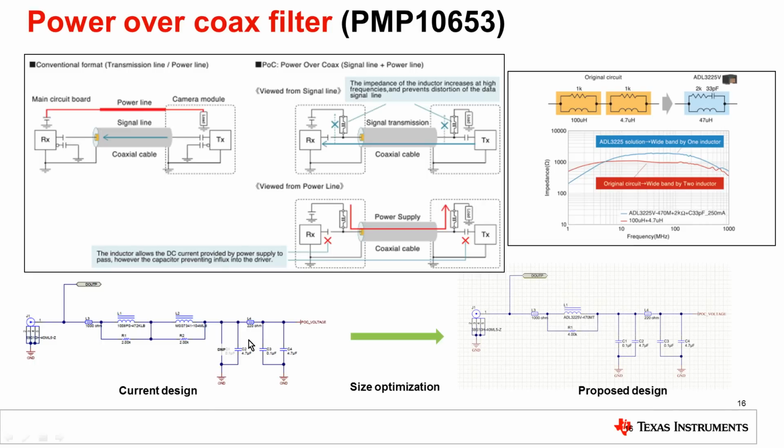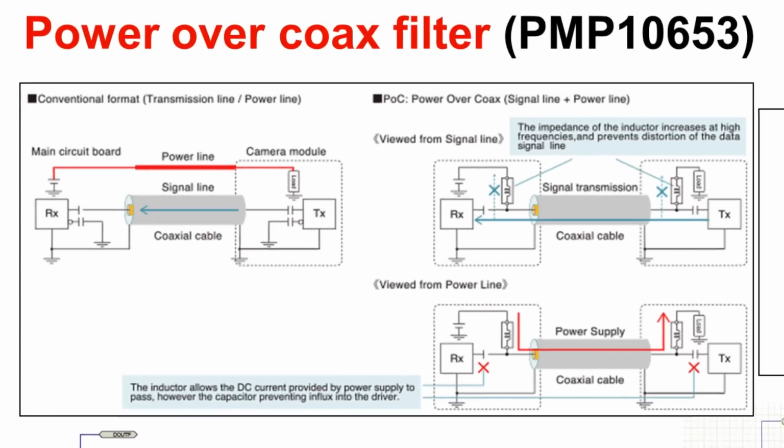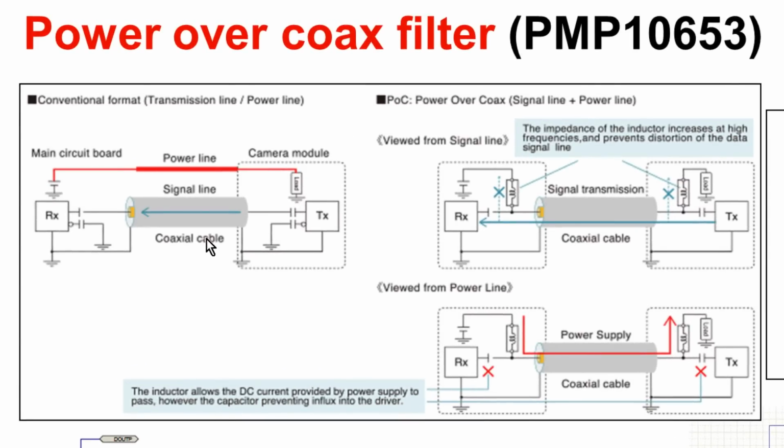So apart from EMI, power over coax filter optimization is most critical for any automotive camera module design. In power line communication, we have a common power and signal conduction line. It's not like you have a separate power and signal line.